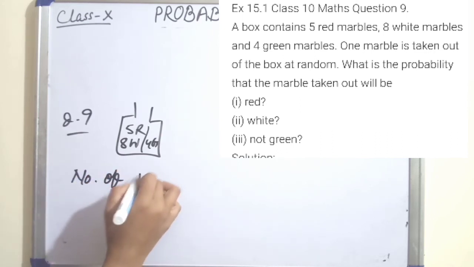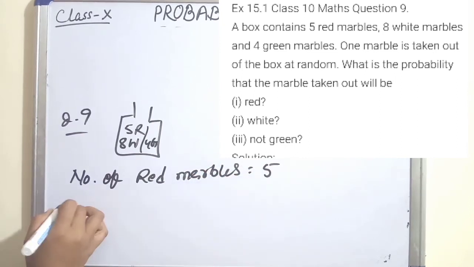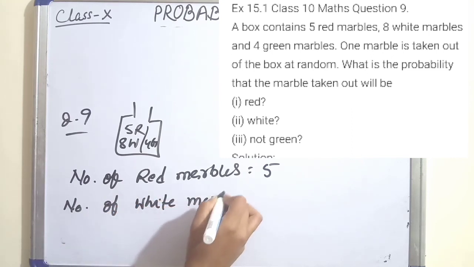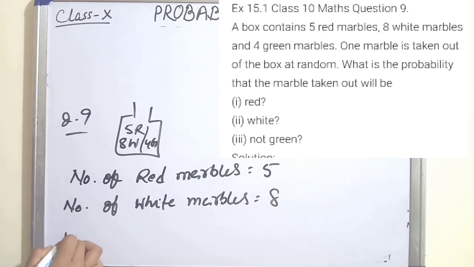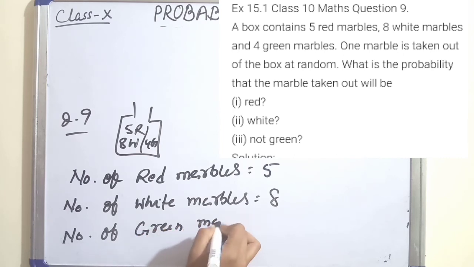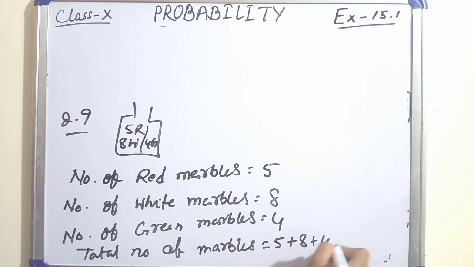Number of red marbles is 5, white marbles 8, and green marbles 4. So total number of marbles is 5 plus 8 plus 4, 17.